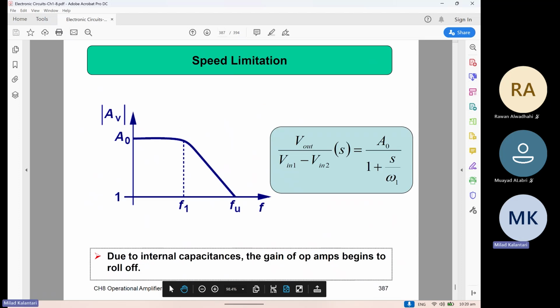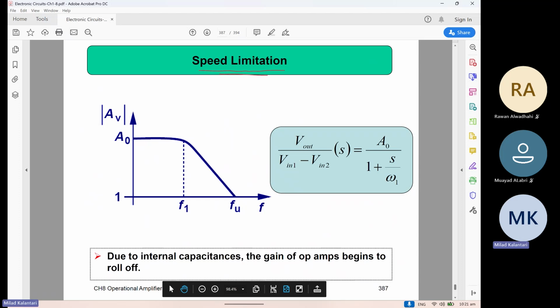So other than those limitations, we have an extra limitation as well. One of the important limits for all electronic circuits is the speed limitation. So far we have been talking about the op-amp gain, but the gain has a profile over frequency.